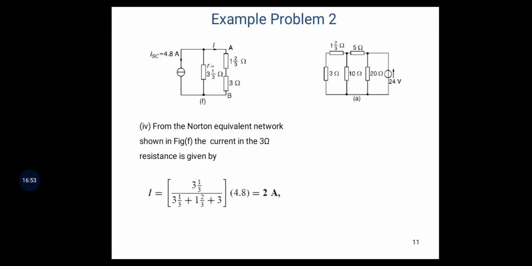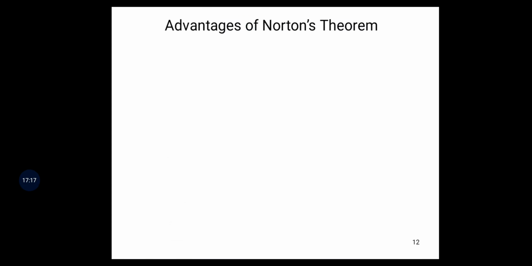So from that we find the current I equal to 10 by 3 divided by 10 by 3 plus 3, into 4.8. Using the current dividing rule, we get 2 amperes. Across the load, the current is equal to 2 amperes, or across the 3 ohm resistor the current is equal to 2 amperes. In this way we apply Norton's theorem.